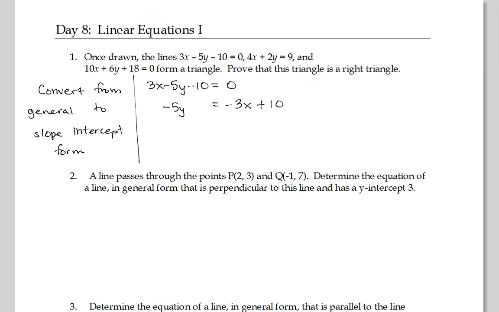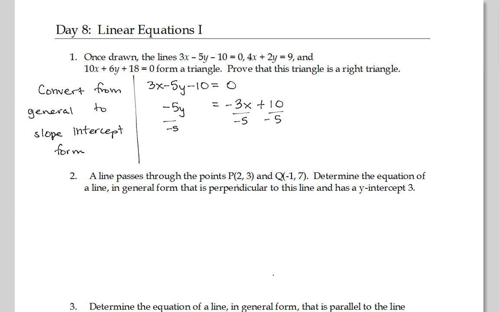Now, in order to get my format, what coefficient do I need in front of the y? A 1, a positive 1. So now I need to divide by the same coefficient. Very nice. Divide by negative 5. So that means I need to divide by negative 5 on the right.